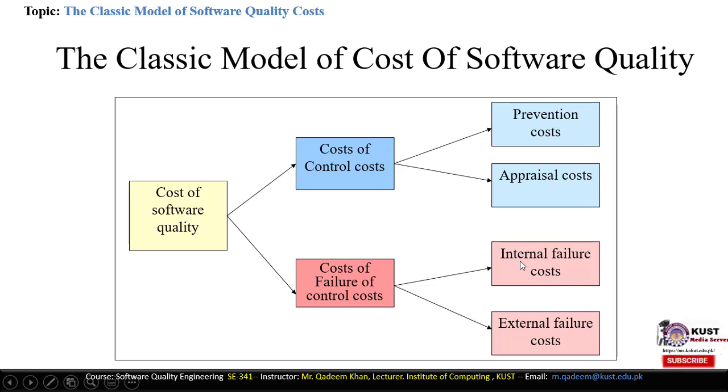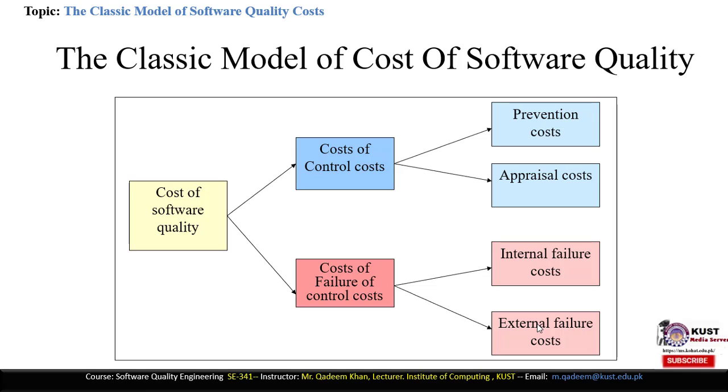Internal failure cost means the failures which occur due to the internal reasons of the organization. For example, the programmer's mistake is one of them. While external failure cost means the failures occur due to external reasons and the cost that occurs on those external failures.